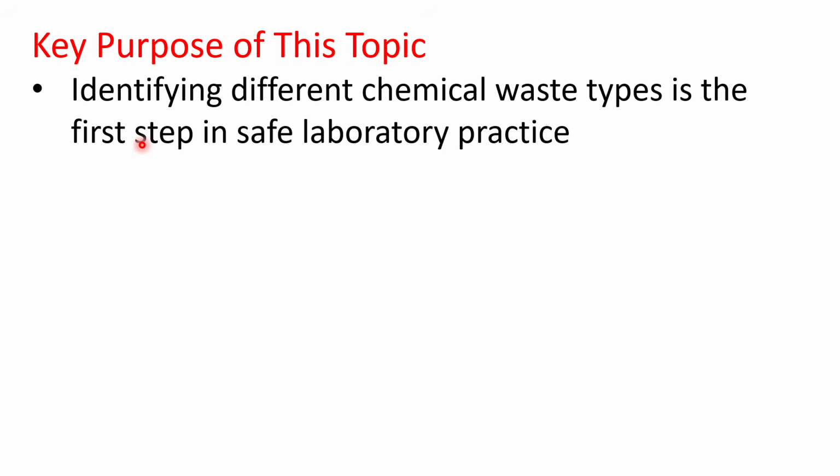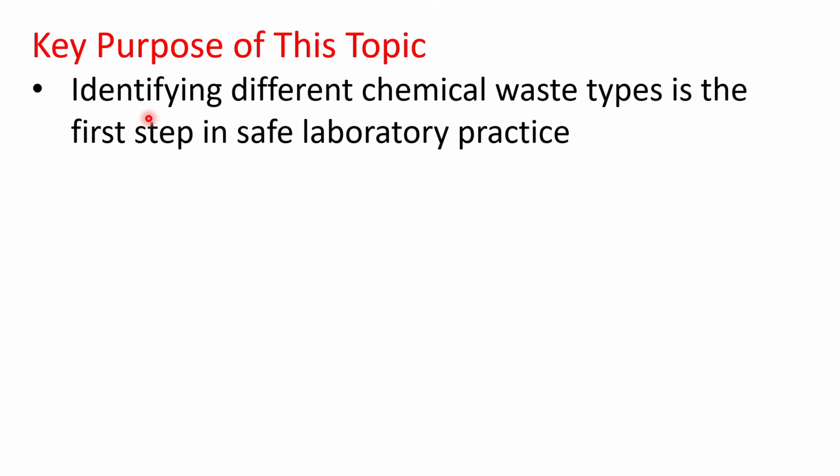The reason why you have to learn this topic, chemical waste, is that you should be able to identify different chemical waste types, because this is the first step in a safe laboratory practice. You have heard a saying that says better be safe than sorry.